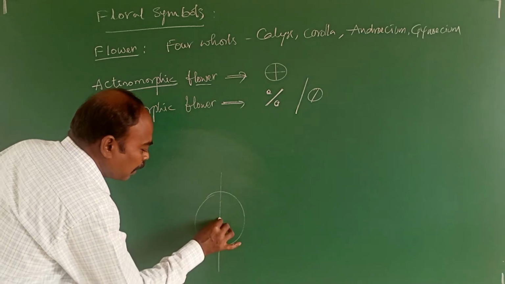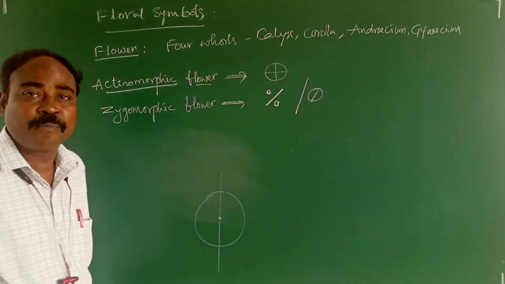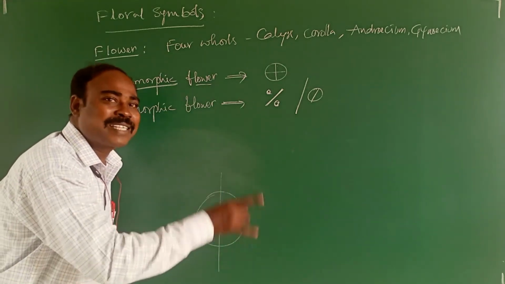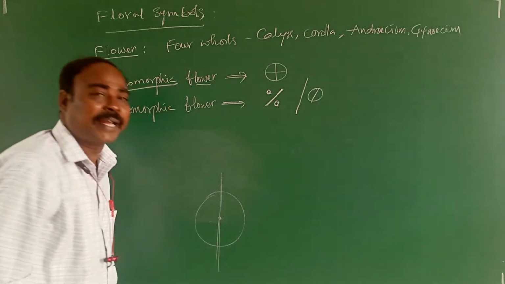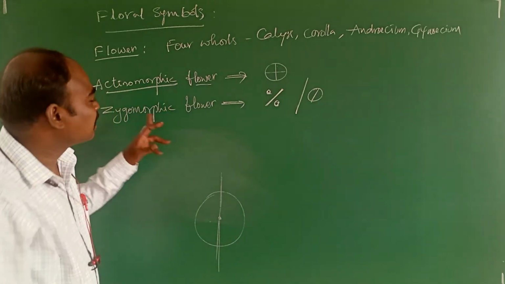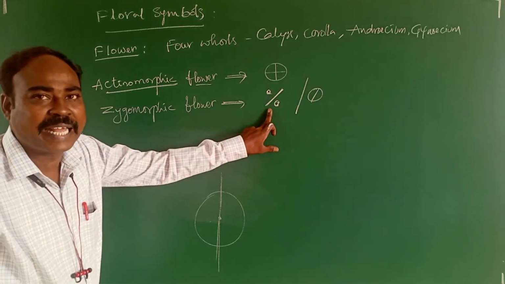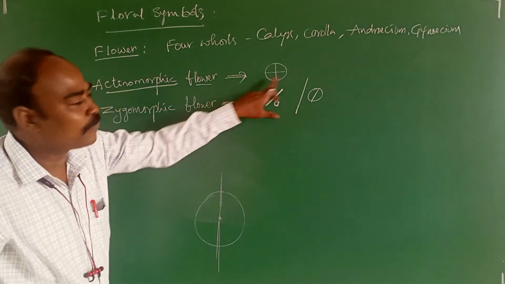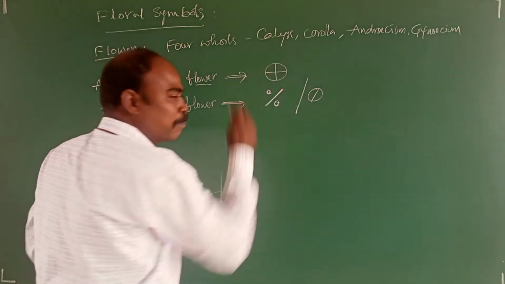A flower which can be cut into two equal halves in only one vertical plane. These flowers do not give exact halves under different vertical planes. Only in one vertical plane it gives exact halves. Such flowers are called zygomorphic flowers. The symbol is a percentage mark or a circle with a line only. Actinomorphic is a circle with a plus within the circle.